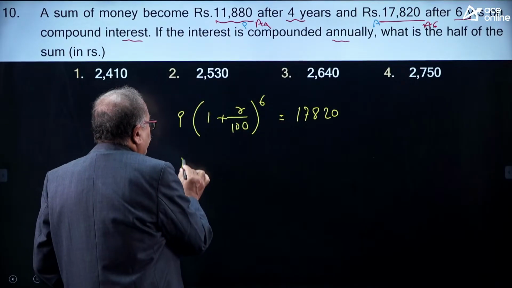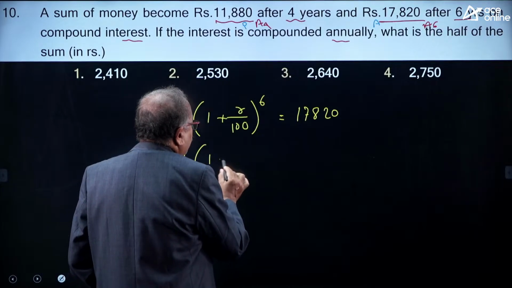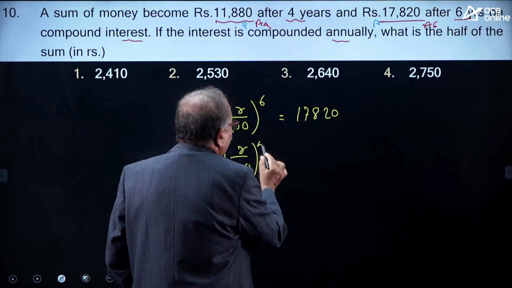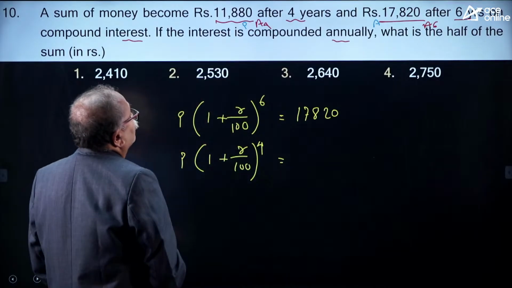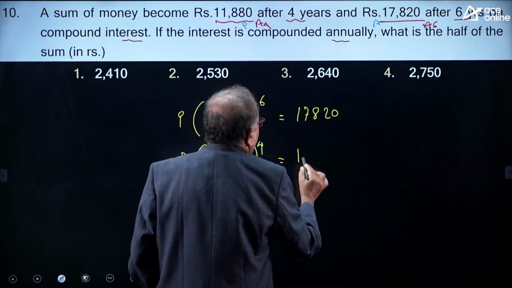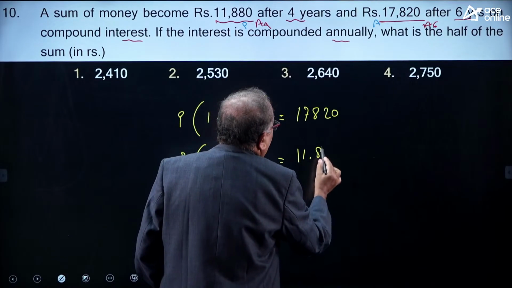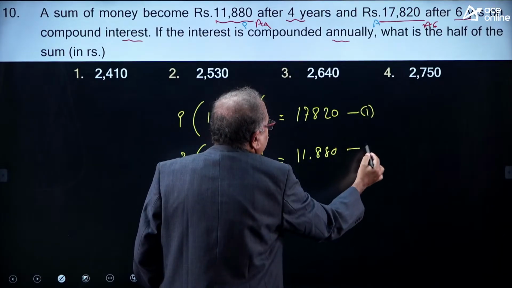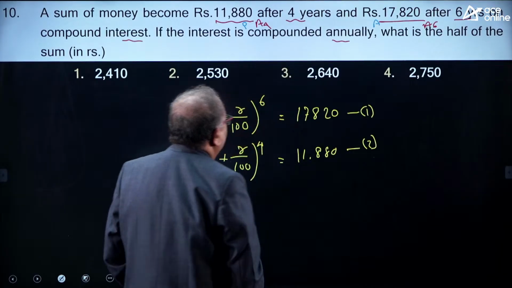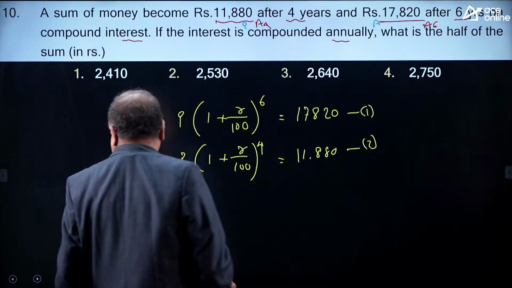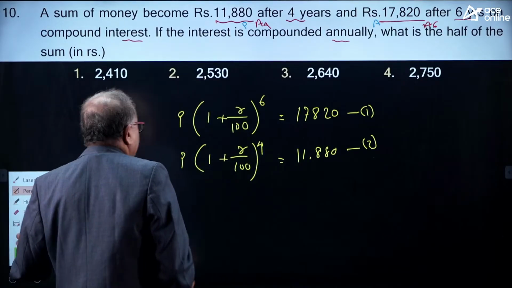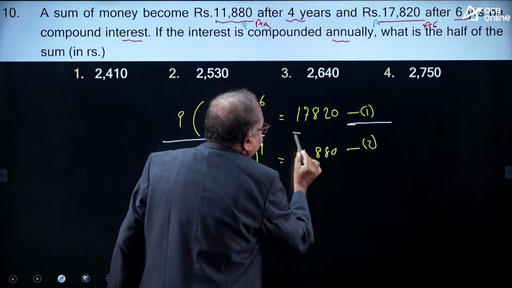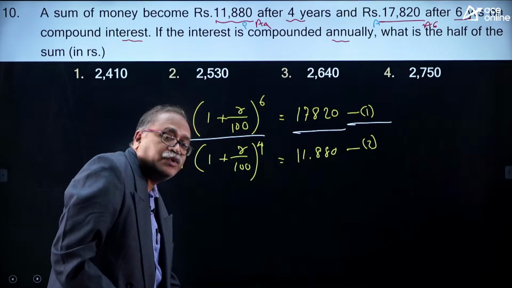And P into 1 plus r by 100 to the whole power 4 is equal to 11,880. This is equation 1 and this is equation 2. So what I am going to do is 1 divided by 2.